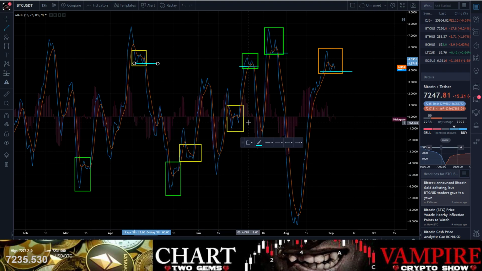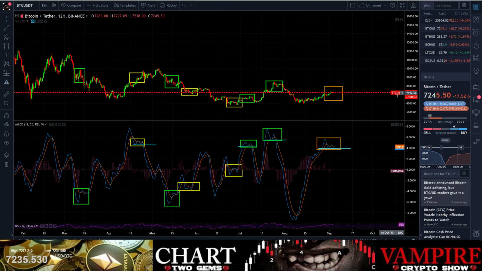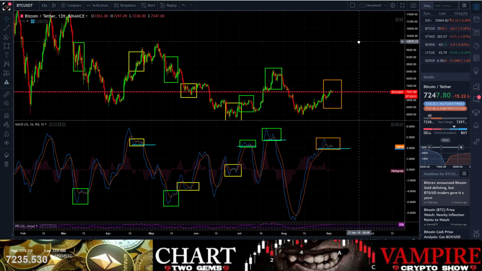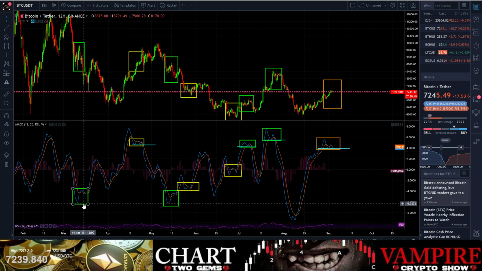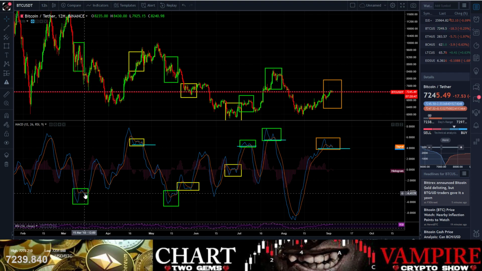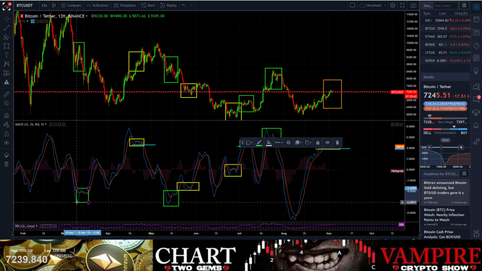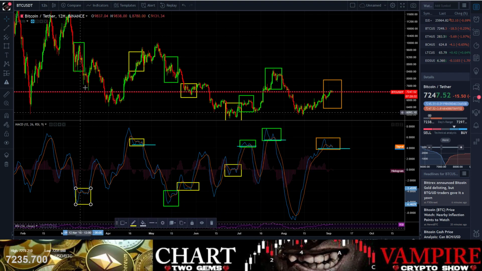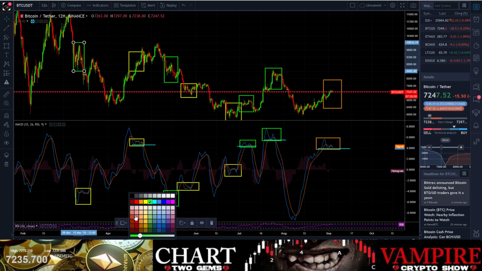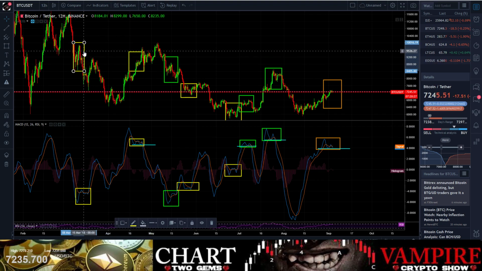And where else are we at here? Let me just confirm this real quick. Sorry, yellow. This is actually yellow. Okay, yellow.